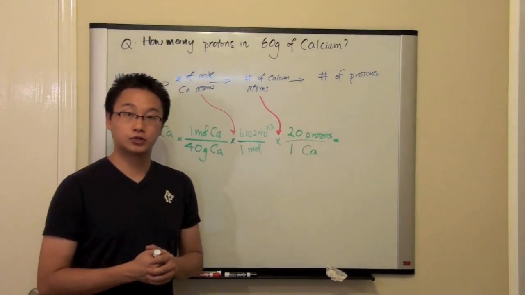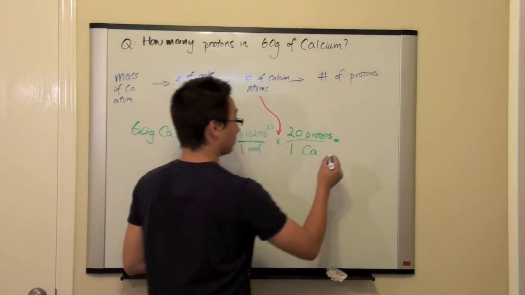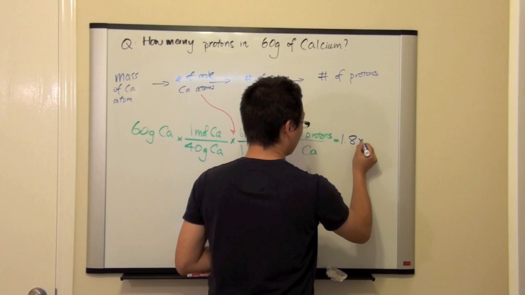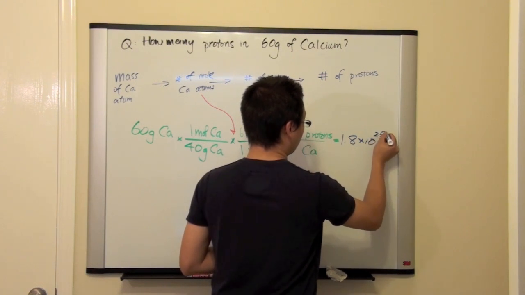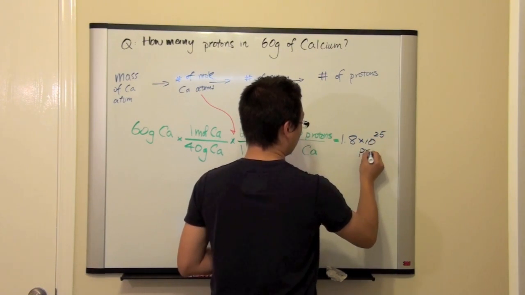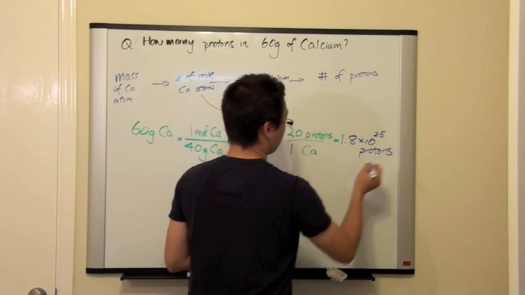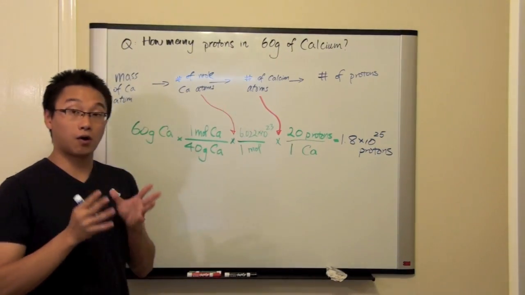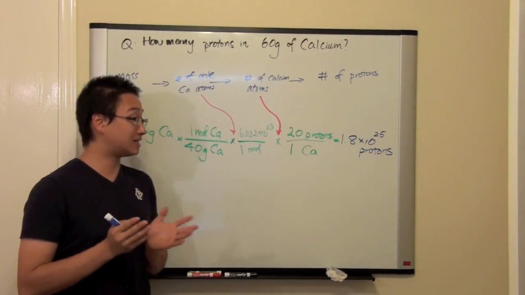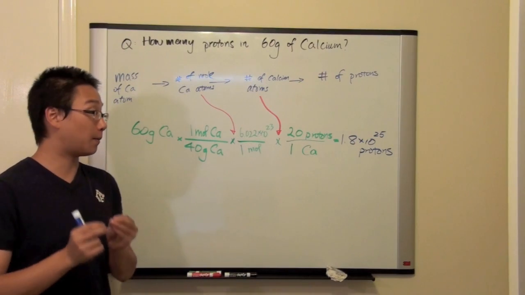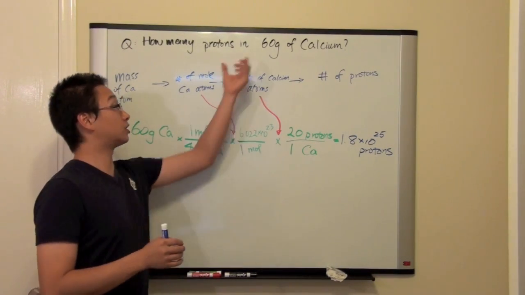So after the calculation, we have the answer. There are a total of 1.8 times 10 to the 25 protons in 60 grams of calcium.